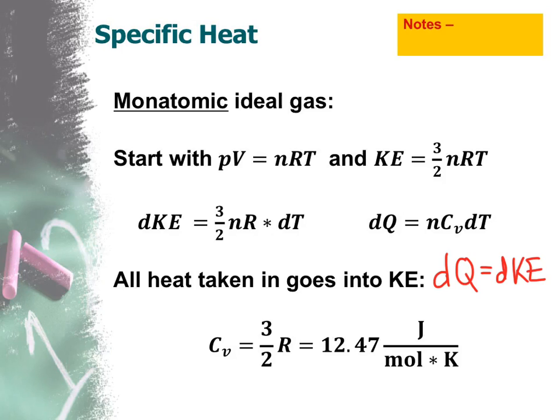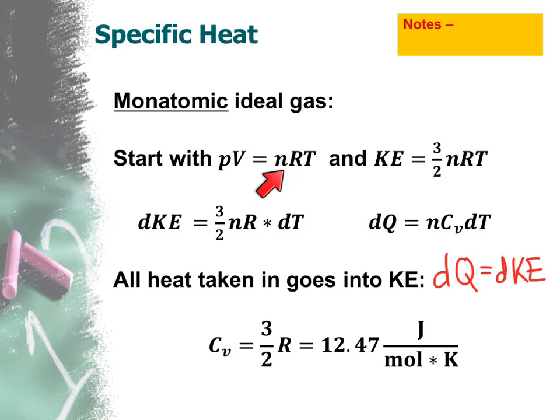Okay, now let's go from the real material to ideal situations so that we can understand the physics behind this. Let's think about a monatomic ideal gas. It's an ideal gas that just has one atom per molecule, and we know that it obeys the ideal gas law.